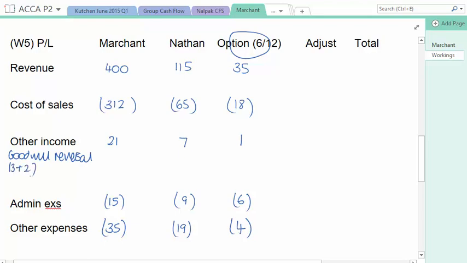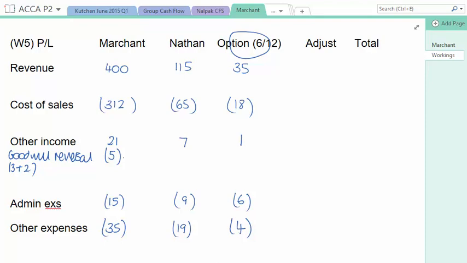So it's the impairment of 3 million and the additional amount of 2 million, and I'm going to say that's not allowed, so I'm going to take 5 million out of other income, because that's an error which has been made by the company.